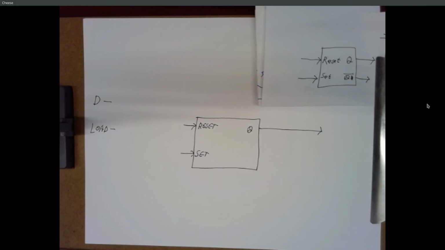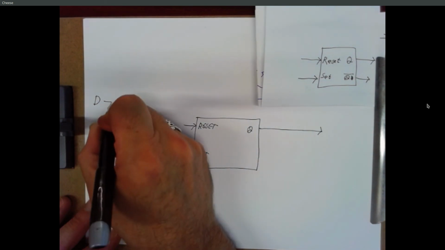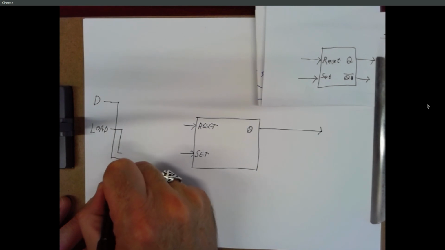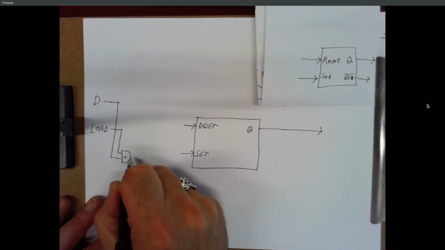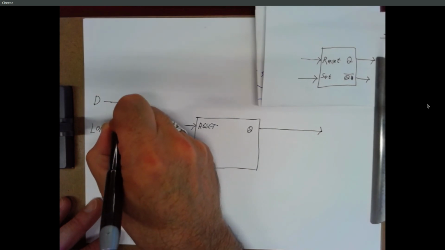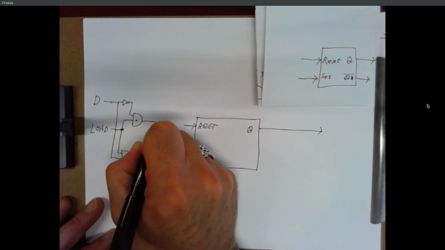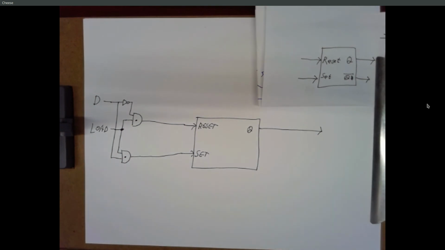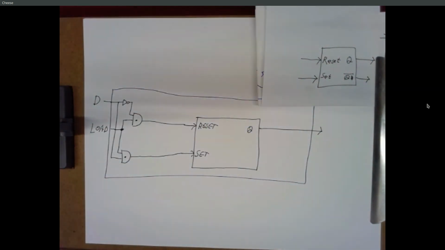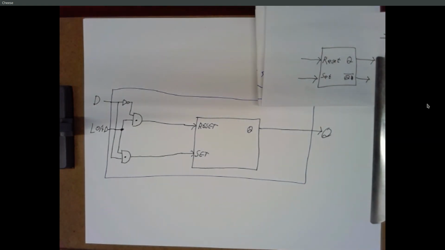All right, let's see if I can do this off the top of my head. All right, if I did this right, this is a D latch.